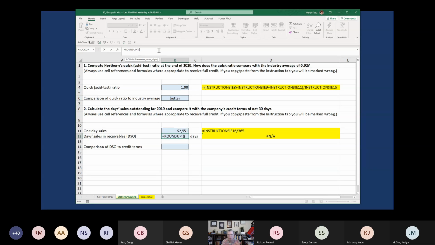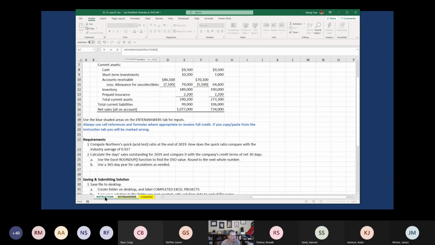So, equals ROUNDUP, left parenthesis, left parenthesis, left parenthesis. Now I'm going to point to G11. Yes, you do need to type the ROUNDUP. What we're doing is taking our average accounts receivable.